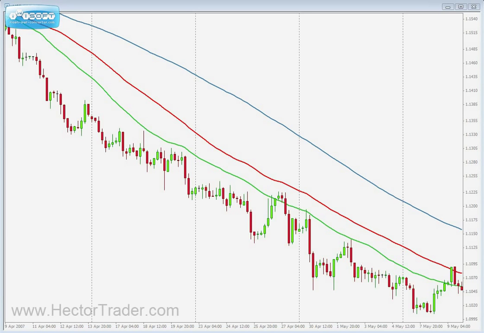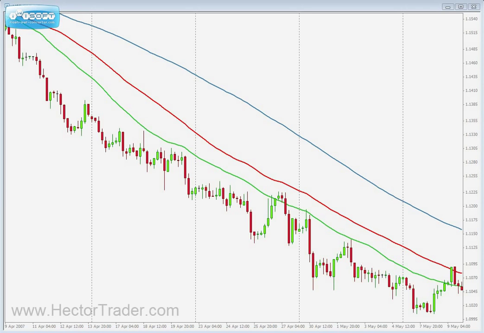Like I say, it's a universal principle. Now I'm going to show you different examples of different currency pairs on different time frames, and you will see how all these conditions apply equally to all of them. And once they apply, we are indeed looking into a clearly trending scenario.